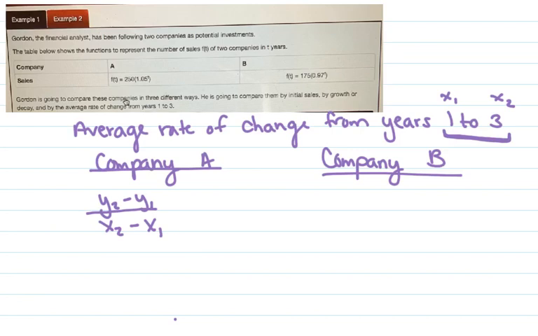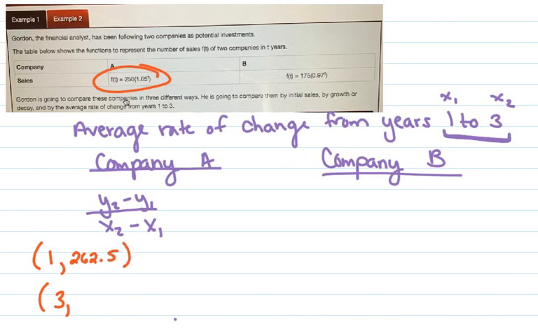So I'm just going to keep track here. So 1 is my x value for that point, and 3 is my x value for that point. And so to find my y value, I'm just going to take my x value and plug it right into the formula. I say x, but they're using a t. So for t equals 1, I did 1.05 to the first power, and then I took that and multiplied it by 250, and I got 262.5.